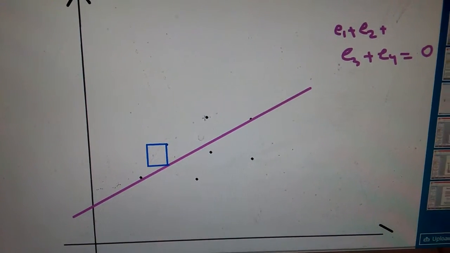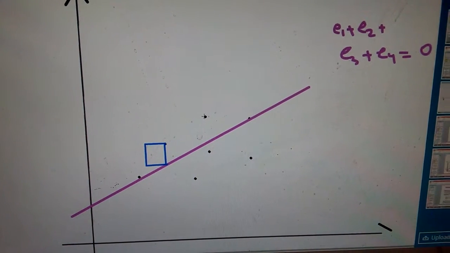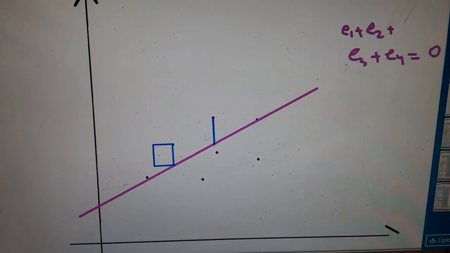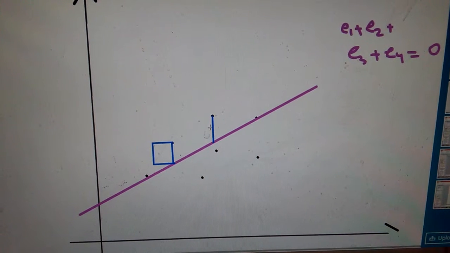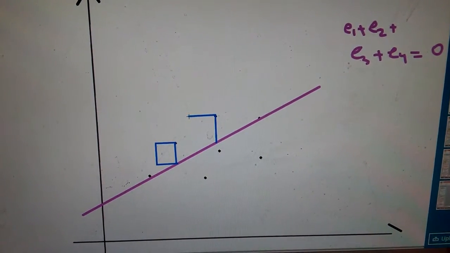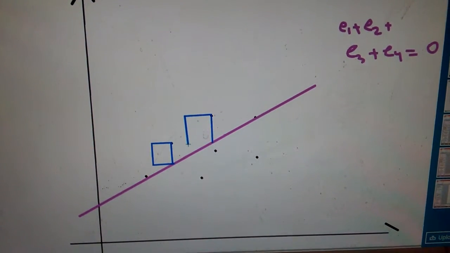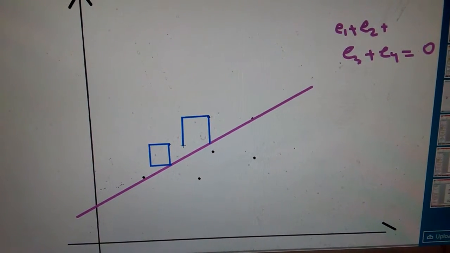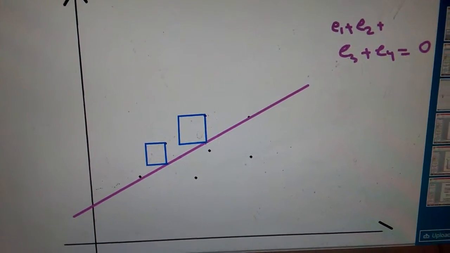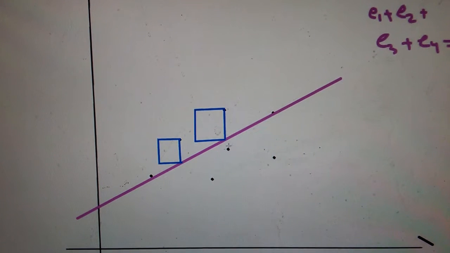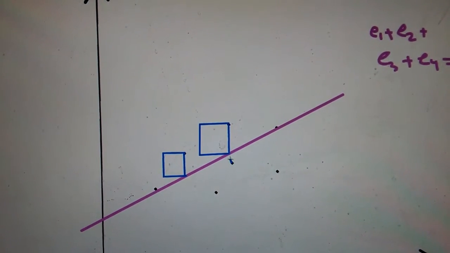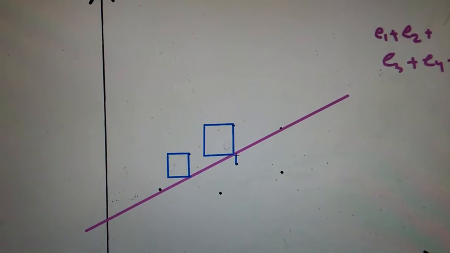Similarly, you just calculate the corresponding square area of this error as well. Calculate the length of this blue line and then draw the corresponding square. Okay, let's talk about this point. Its distance from the predicted value is very small.